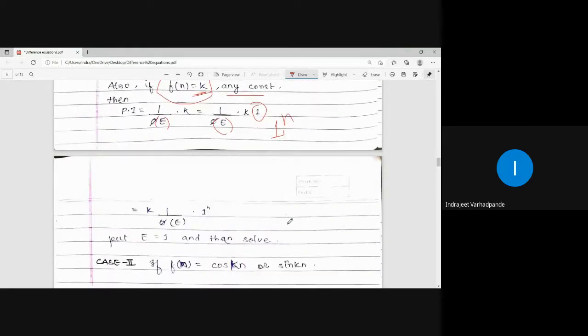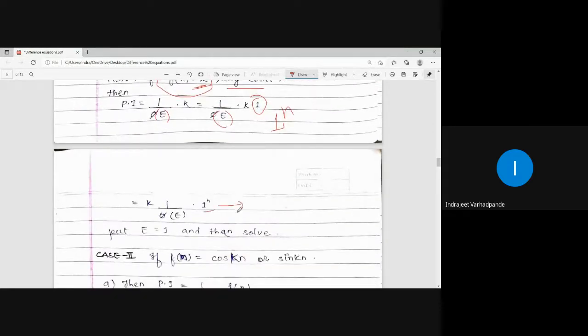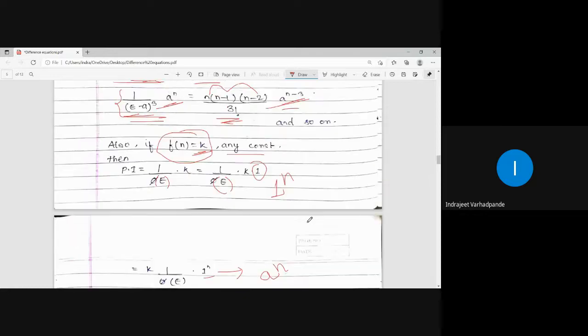Replace every e by 1, because 1 to the power n can be compared with a to the power n, and a is nothing but 1, and you put e is equal to 1 and then solve the given term. So this is how we can apply case number 1 in the RHS, f of n is equal to a to the power n, where a is any constant. If the case fails, convert it into the factor form and simplify.